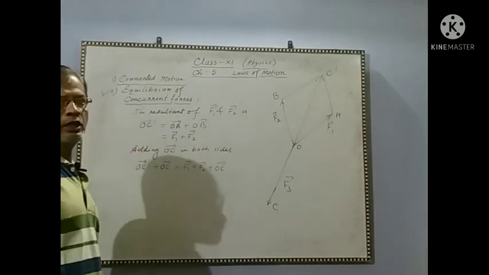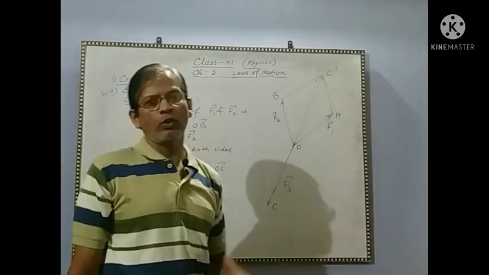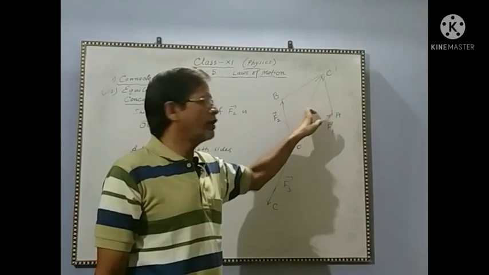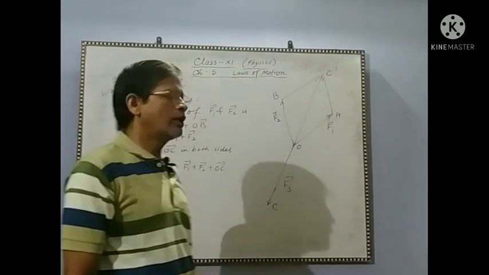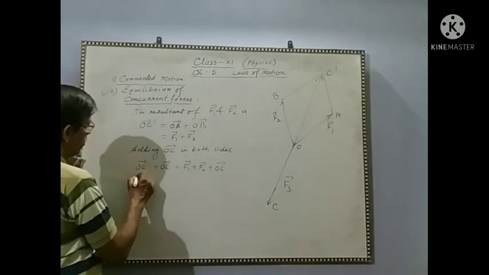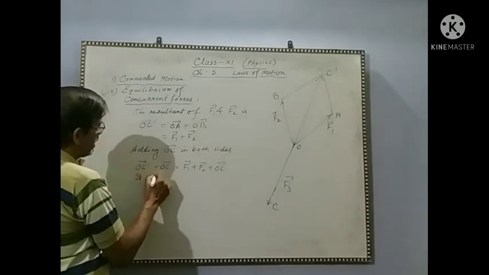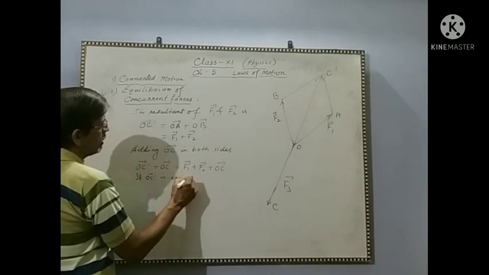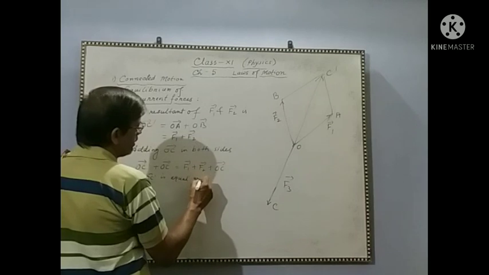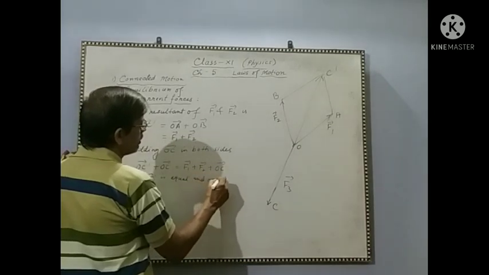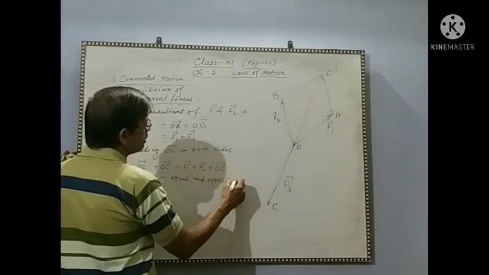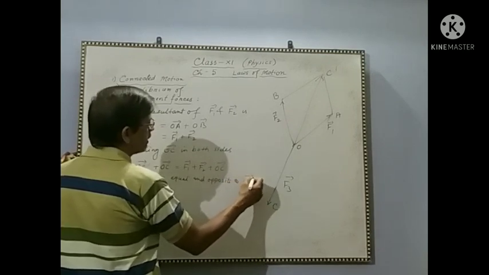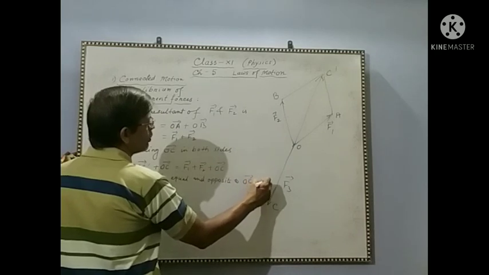Now if the OC dash vector is equal and opposite to the OC vector, then what will happen?